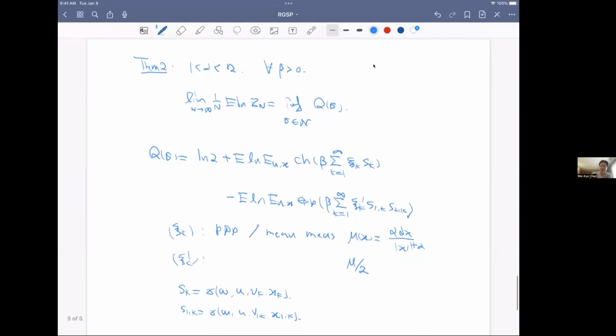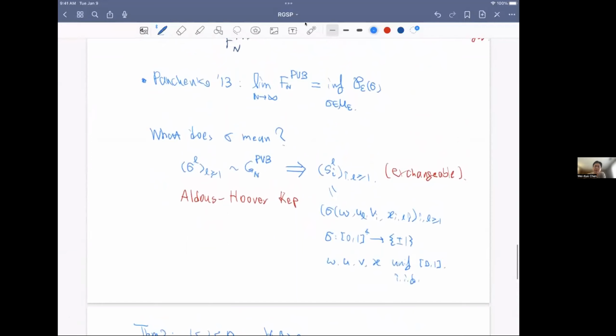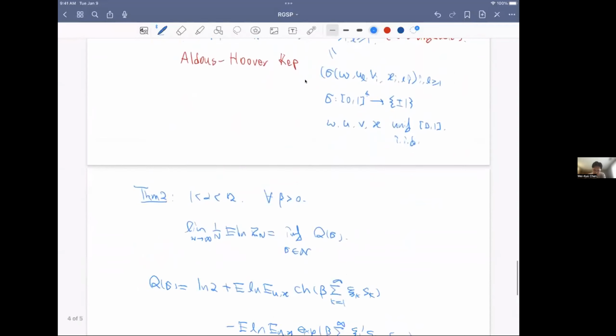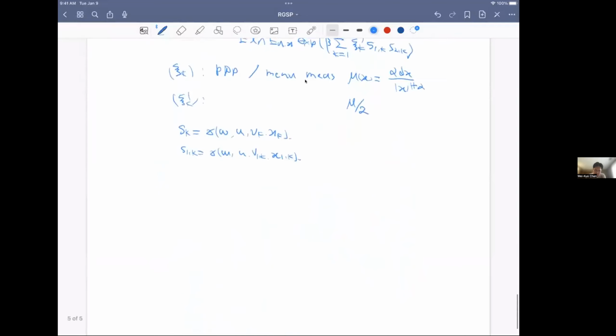So this is the variational formula that we obtain. We got this by using this representation and then analyzing the limits of this PVB model when epsilon tends to 0. So this is the second main result.